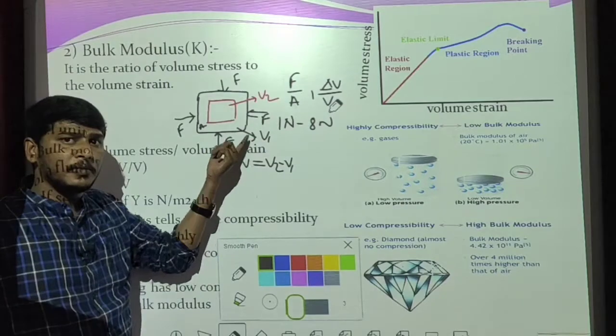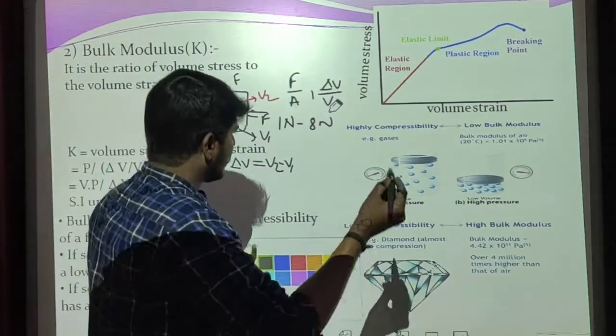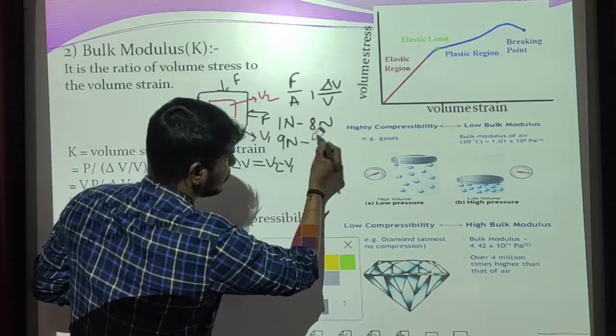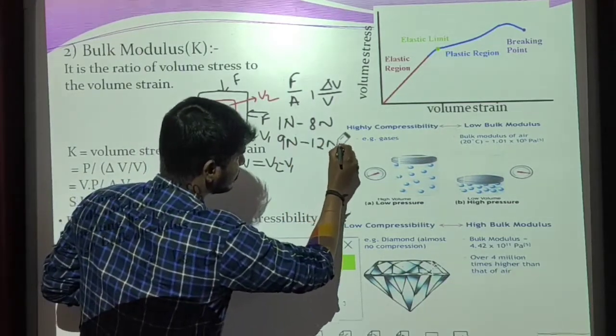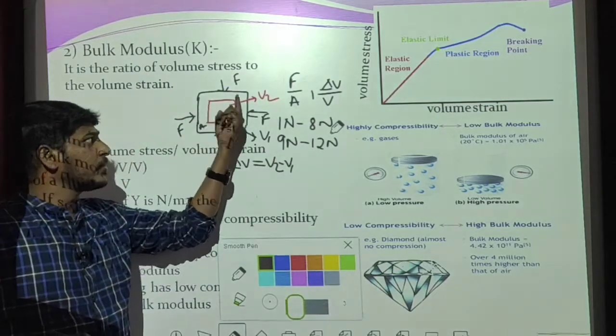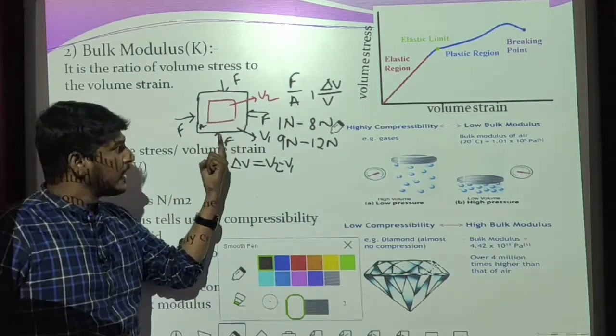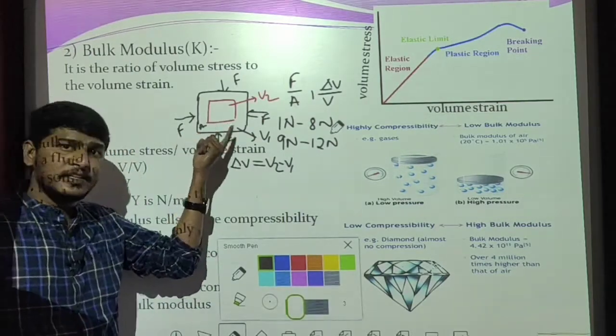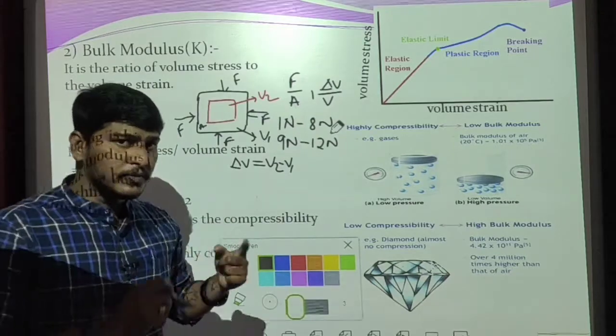It is due to the property of elasticity. Then I am going to apply force of 9 Newton to 12 Newton. Then also there is decrease in volume of this object, but this time this body is not going to regain its original size and shape.